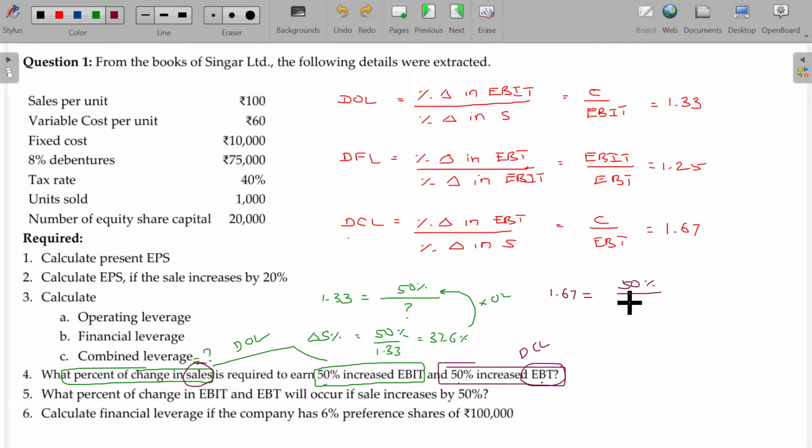Percentage change in sales is equal to 50% divided by degree of combined leverage. What's that? Roughly 30%, or 29.9%, 30%. Is that okay? You got this. So I got the message from Archu also. Clear?